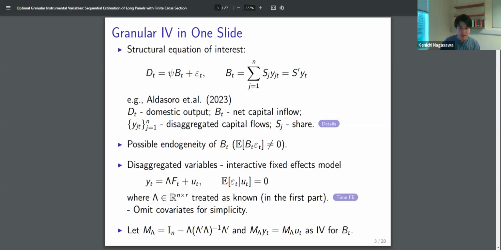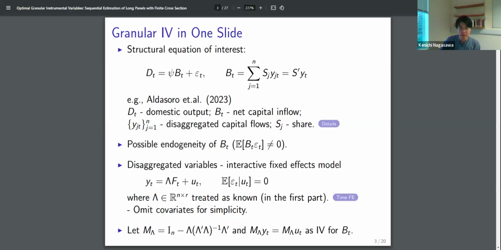Once you do that, this factor part disappears because it is spanned by lambda. So M lambda YT equals M lambda UT because you are removing the factor part. And because this M lambda YT is a function of idiosyncratic shocks, this remains a valid instrumental variable. So this is the basic idea of granular instrumental variable.